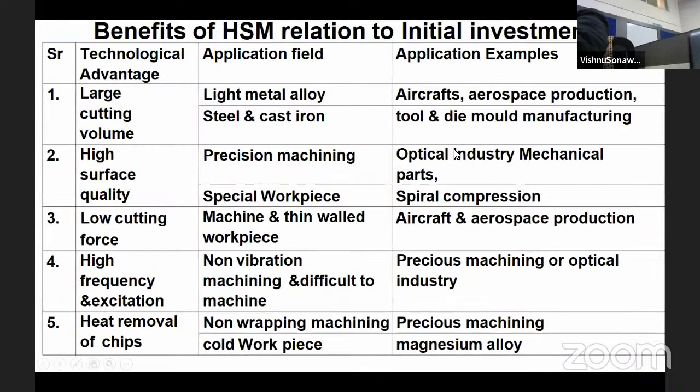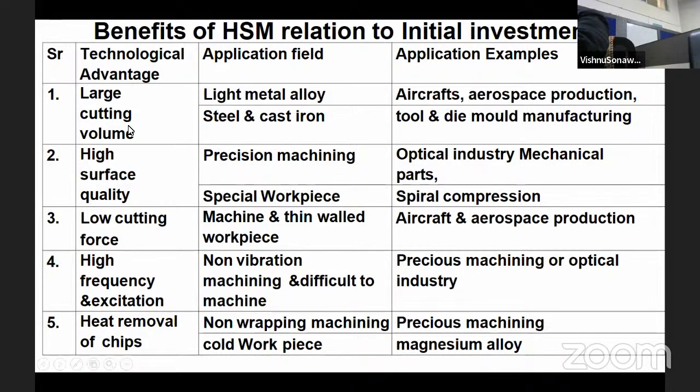Here, these are the benefits of high-speed machining in relation to the initial investment. These are the technological advantages. These are the five technological advantages: large cutting volumes, high surface quality, low cutting force, high frequency excitation, and heat removal by chips. These are the most important challenges, and these are the technological advantages.